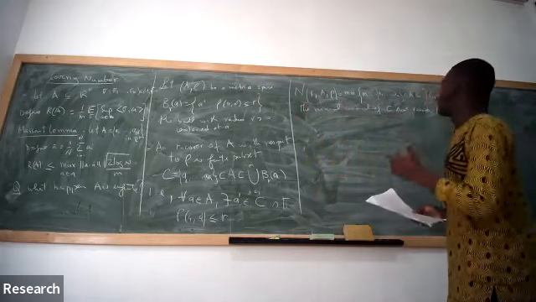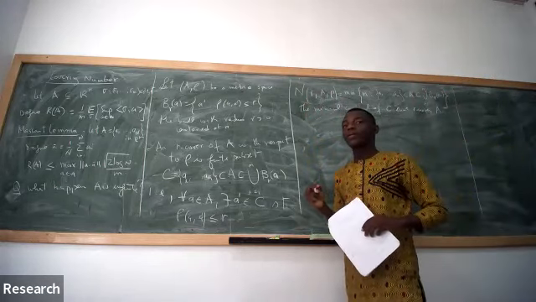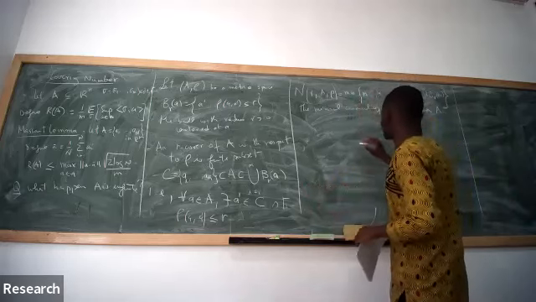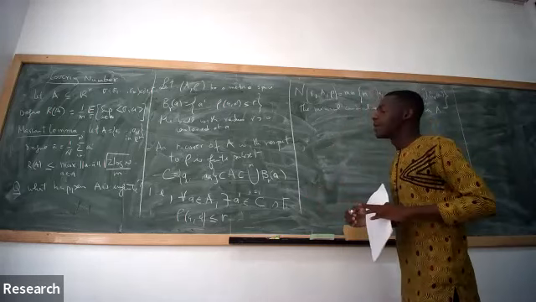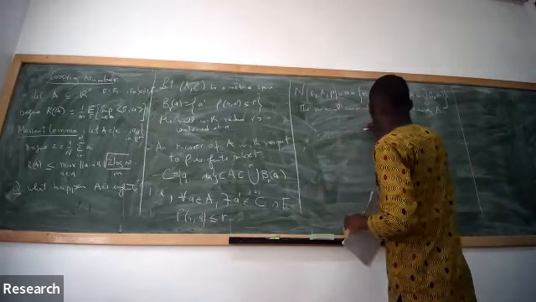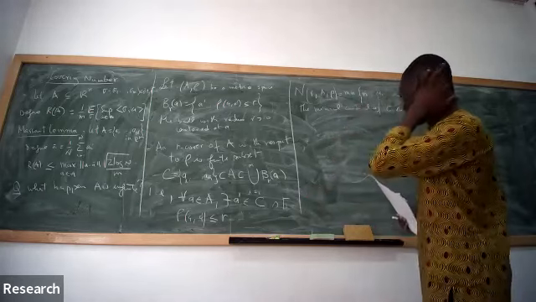So let me illustrate what I'm saying. Suppose now that my A is a circle. This is just a graphic illustration of what I'm saying.